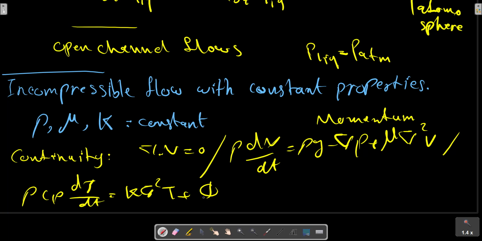Phi is a dissipation rate in the energy equation, and the relations are available in the previous video. Energy. Since rho is constant, there are only three unknowns, P, V, and T.